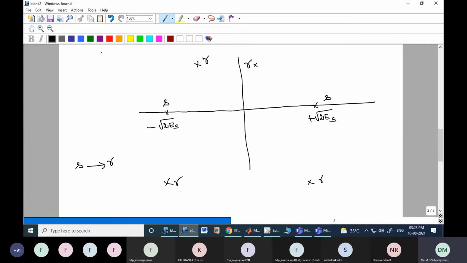For that there are many techniques. One of the techniques is the Euclidean distance. We just calculate the distance between the received symbol and each constellation point. Suppose this r is the received symbol; we calculate these two distances.